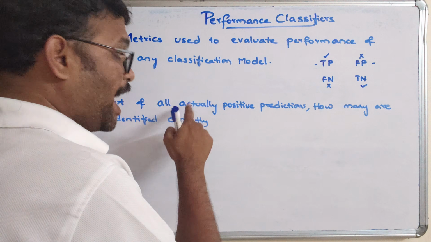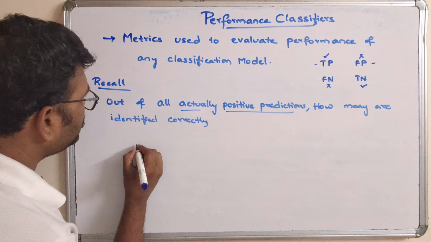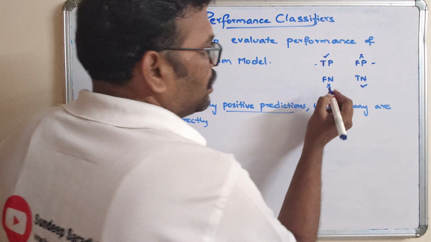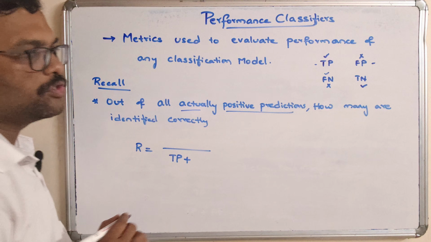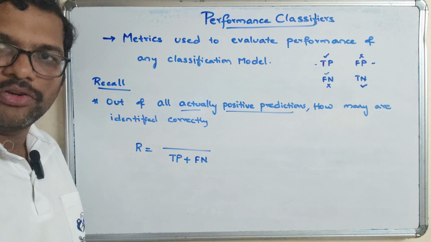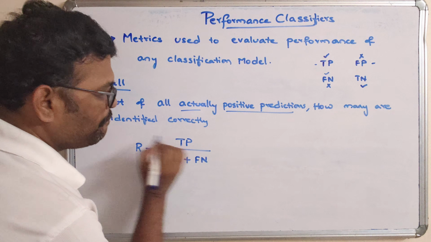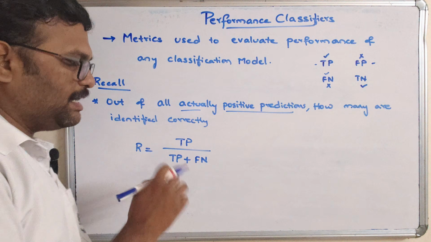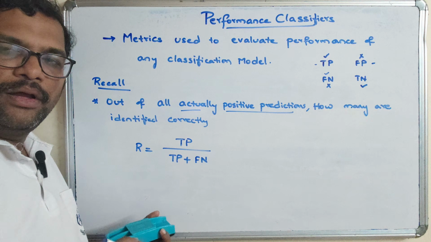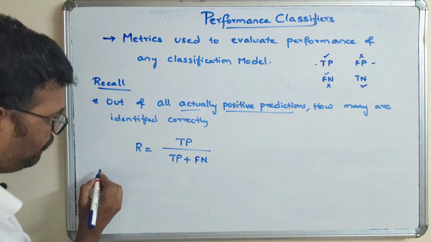That means actually positive predictions. So what are the actually positive predictions here? One is a true positive, and also the false negative is also the prediction. The actual positive, false negative is also a positive. So among all these actual positive predictions, how many are identified correctly? That means correct predictions, TP. Okay, the percentage of actual positive predictions. So this is a formula for recall.